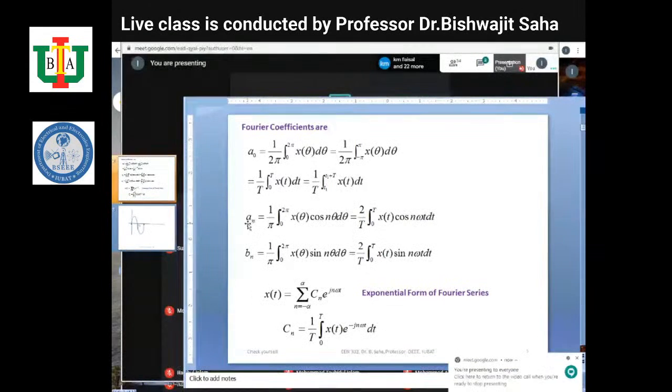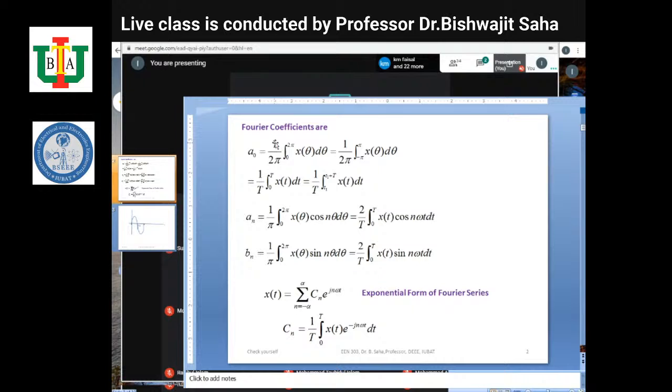In case of An, in a similar way, the angle based is 1 over pi, 0 to twice pi, x of theta cos n theta d theta. In terms of time scale, 2 by T, 0 to T, x of t cos n omega t dt. So what is the difference between A0 and An?